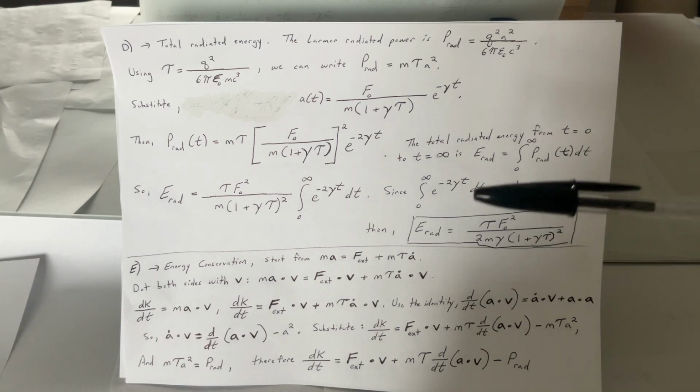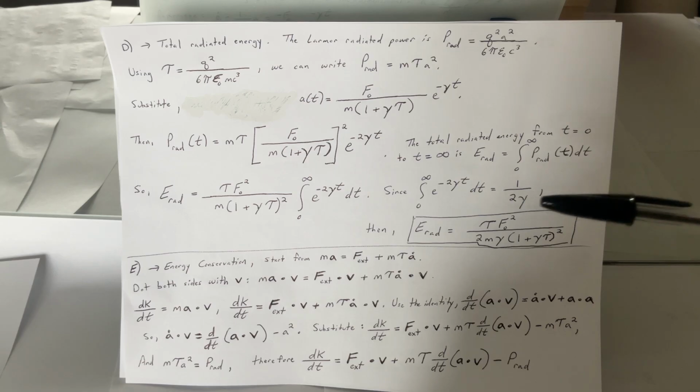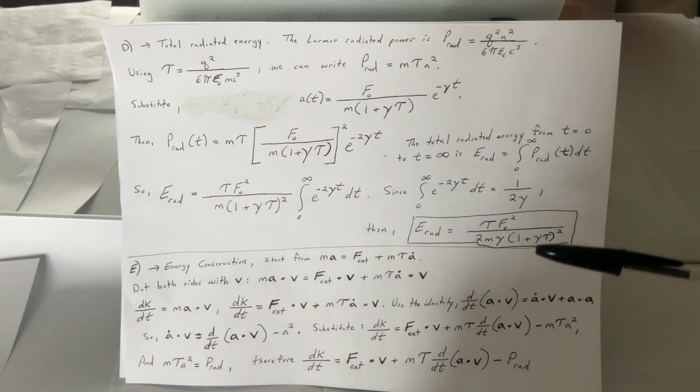And since that integral is 1 over 2 gamma, E_rad is tau F naught squared over 2 m gamma times the quantity (1 plus gamma tau) squared. So that's for letter D.